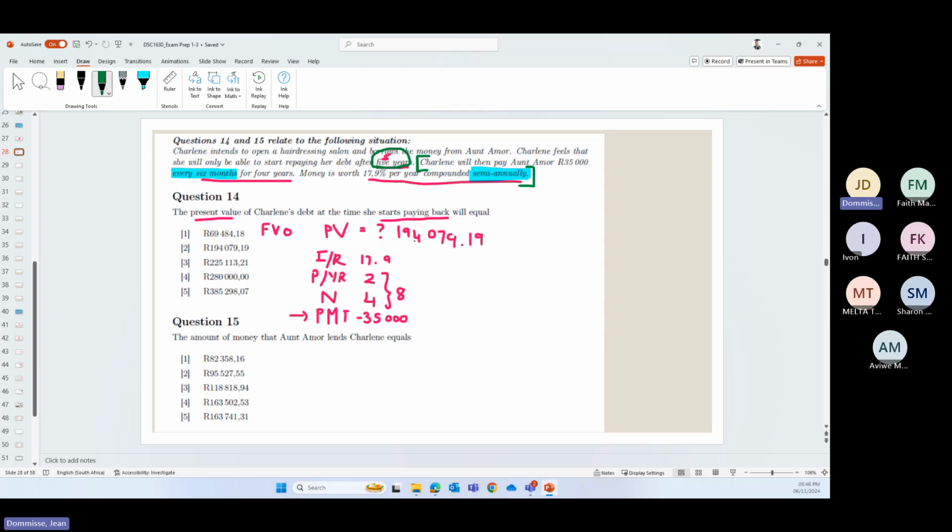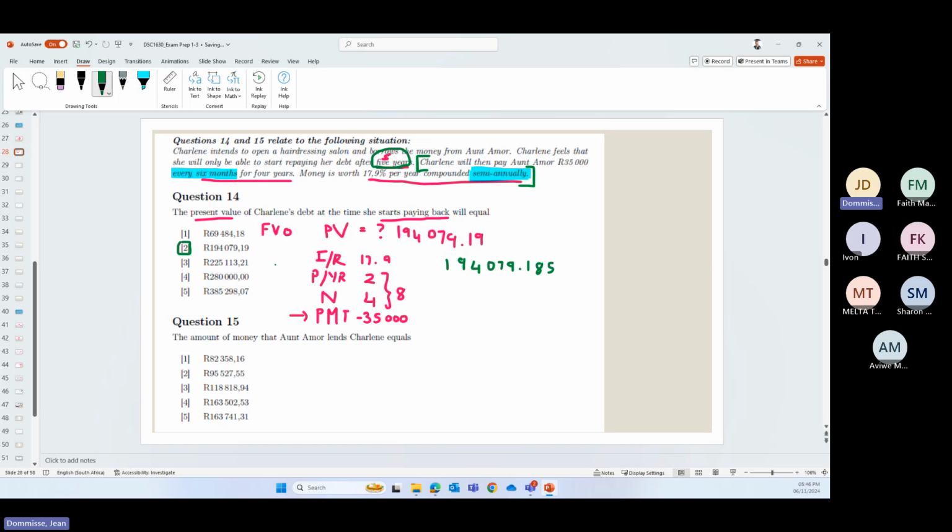Okay, so our final answer for question 14 then is 194,079.19, which is option 2. You will also see that when we got this on the calculator, it was 185. So you will not have an option where it is also 194,078.18.